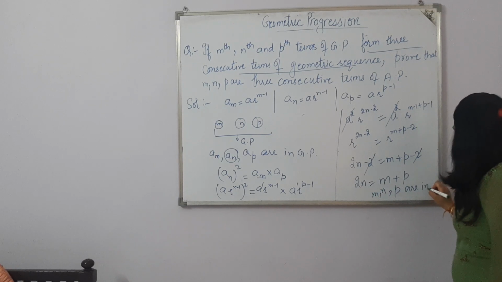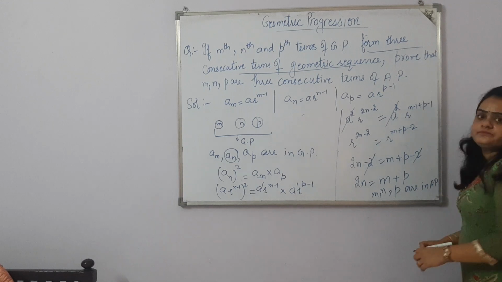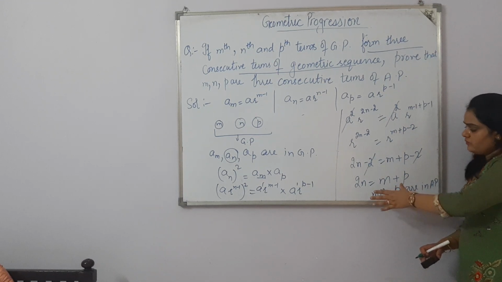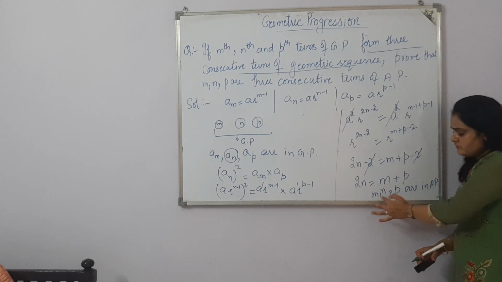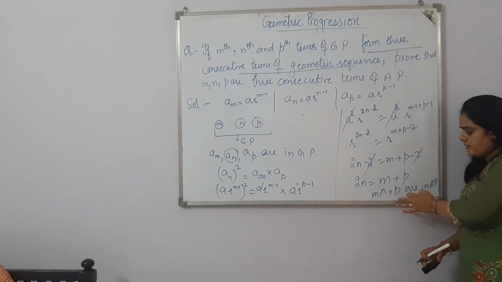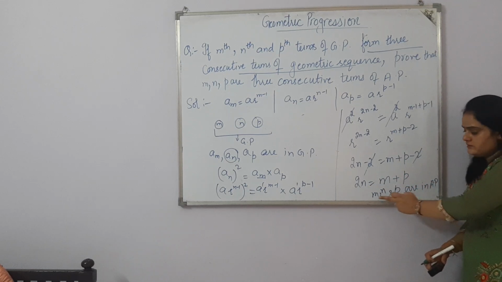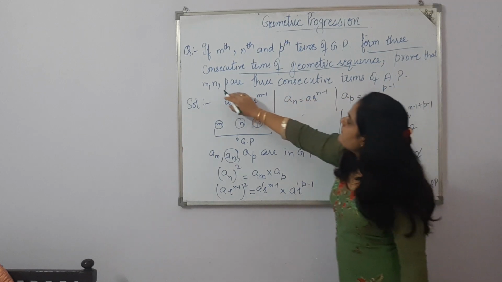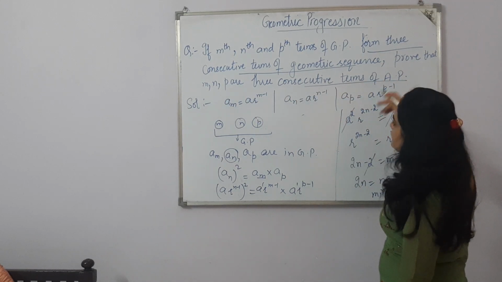This is the result of AP. So m and p are in AP. Twice the middle term is equal to the exterior sum. This was the result that we did in AP. So here we get the same result. So m and p are in AP. What we wanted to prove, that m, n and p are consecutive terms of AP.